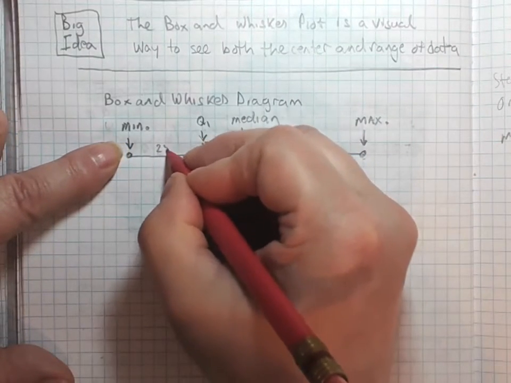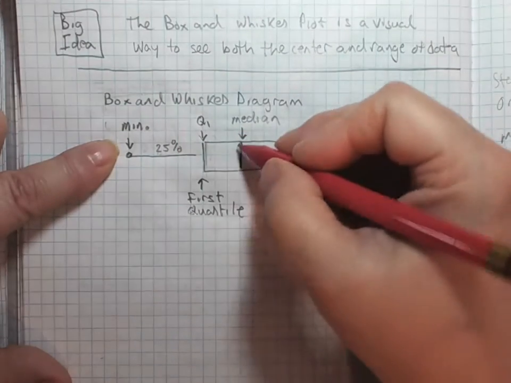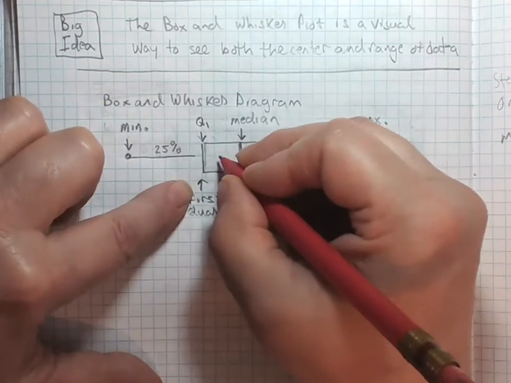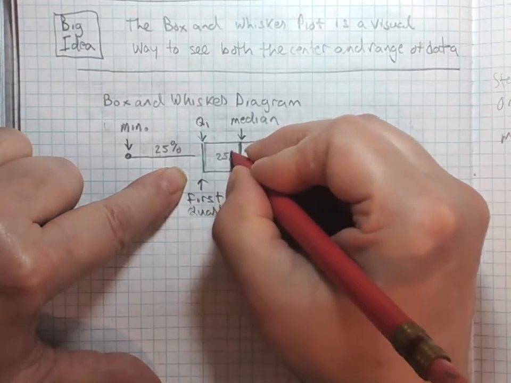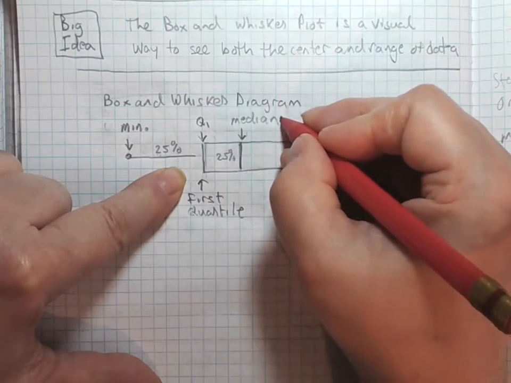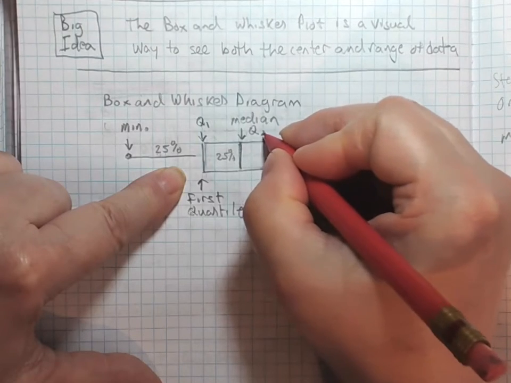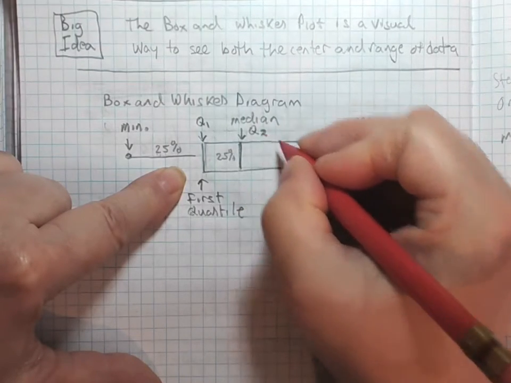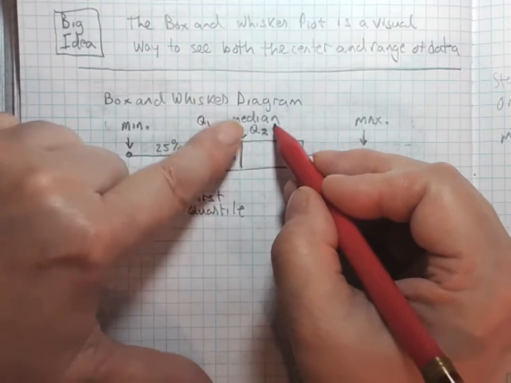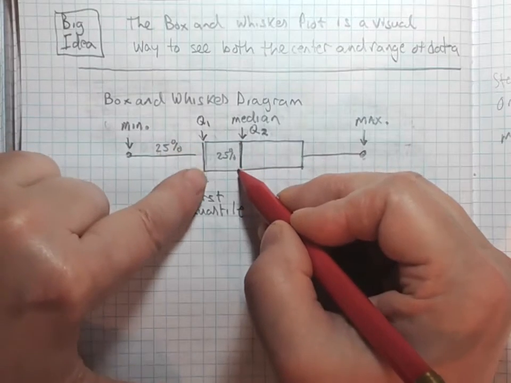Here is 25% of all of your data, and this next part is the next 25%. We call the median Q2. We don't usually refer to it as Q2, usually we just say the median, but it is the second quartile.